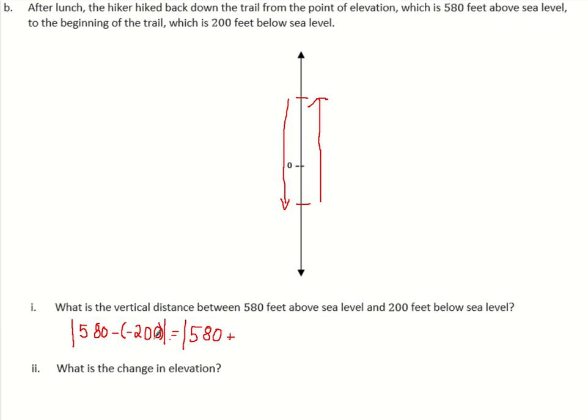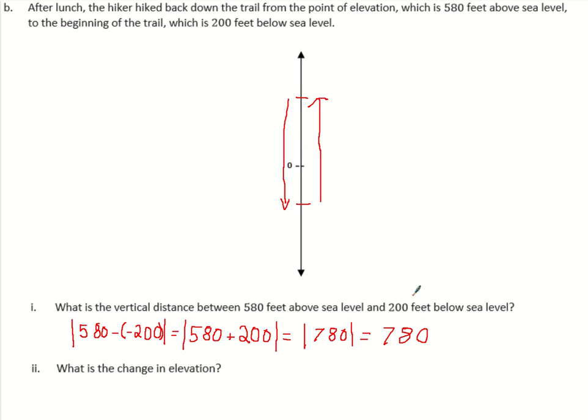Change to plus. The opposite of negative 200 is going to be positive 200. 580 plus 200, that's going to be 780. Which means the absolute value of 780 is going to be 780.